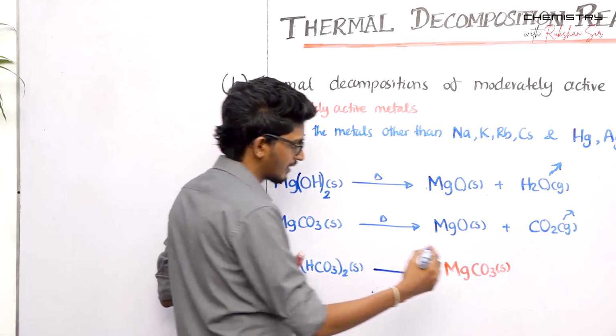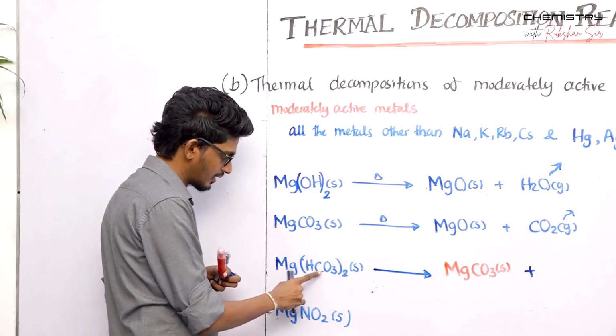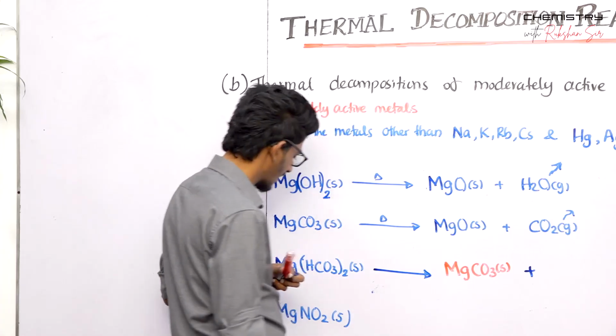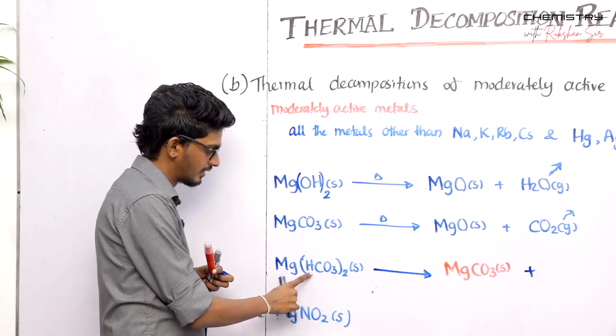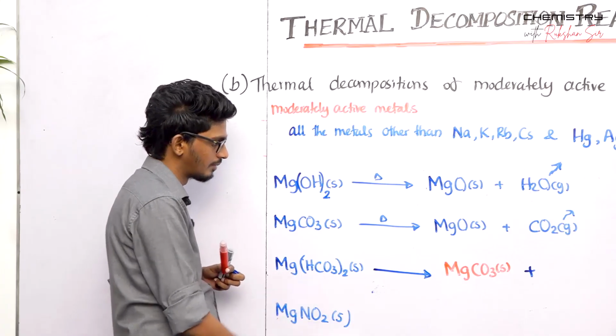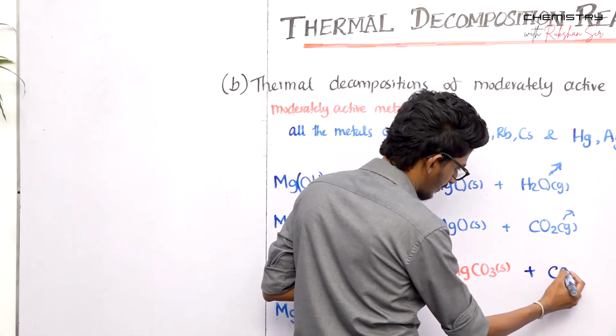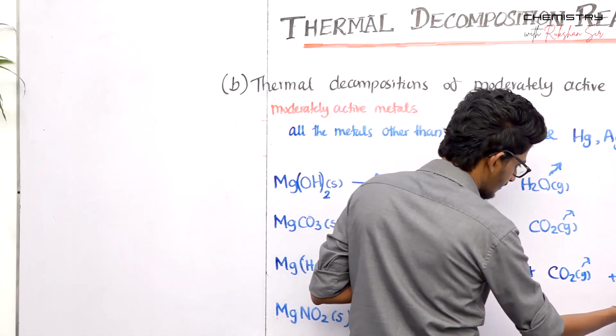So magnesium carbonate and the hydrogen oxide and the carbon oxide will be formed, right? Not the magnesium oxide here, it is the magnesium carbonate, but for the other 2 elements, they will give their respective oxides, the hydrogen oxide and the carbon oxide, right? So CO2, the carbon oxide, and the hydrogen oxide.